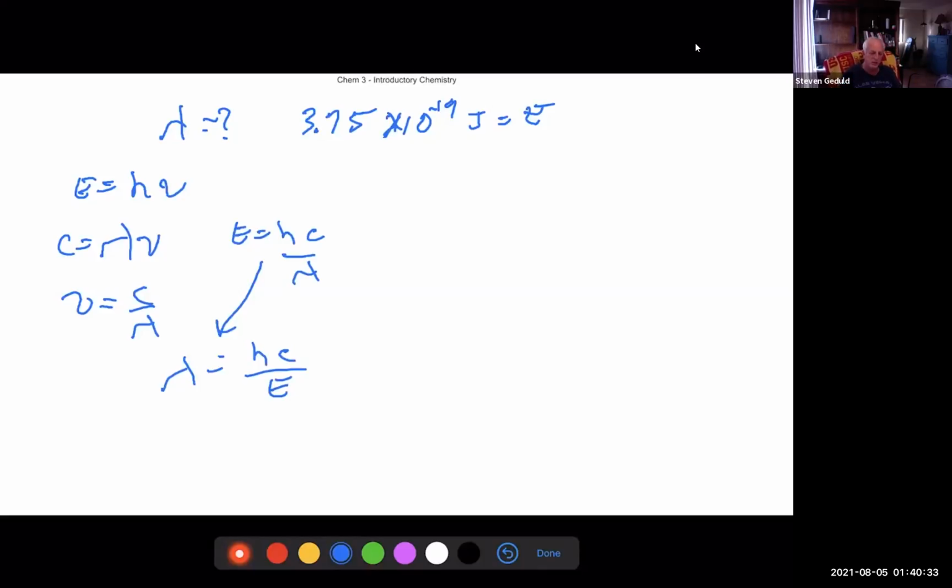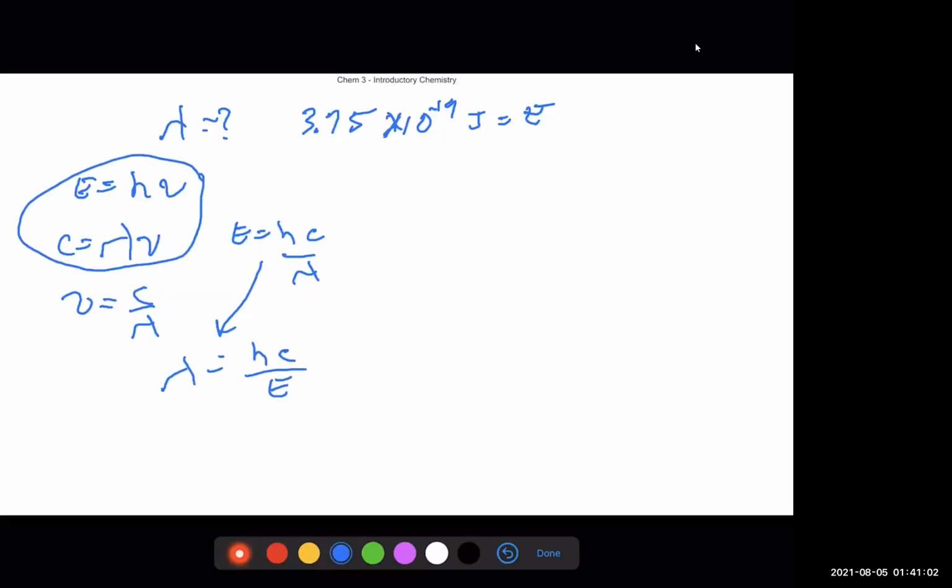We know the energy, we know h, and we know c. So now we can calculate the wavelength. Cool. And all I did was rearrange my equations and then substitute these in. These are my two equations that I know about light energy. And I use those to substitute in to get lambda and energy together, and then I rearranged it to solve for the wavelength. Does that make sense? Absolutely.